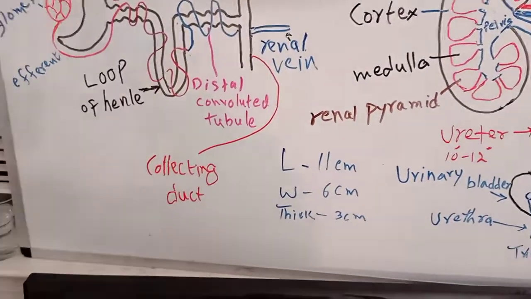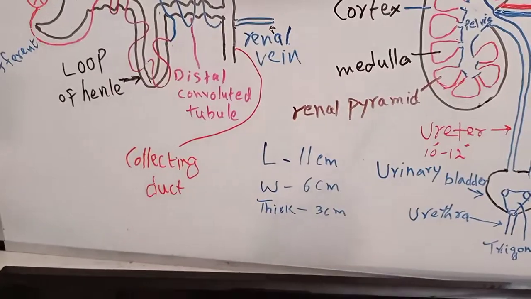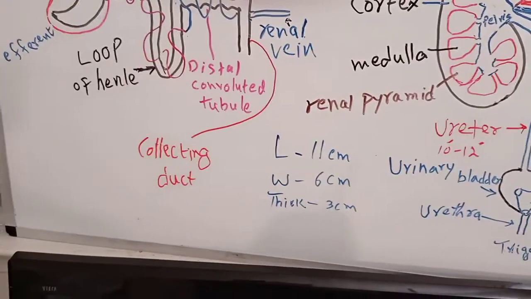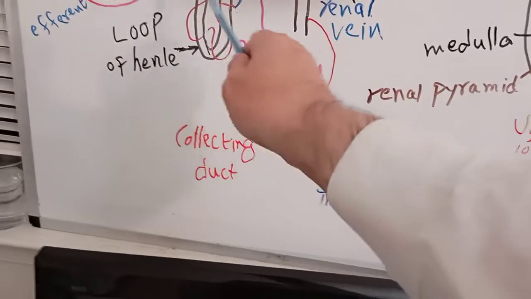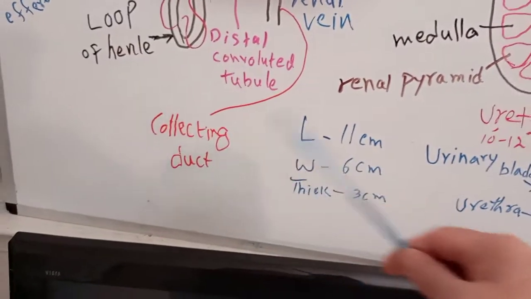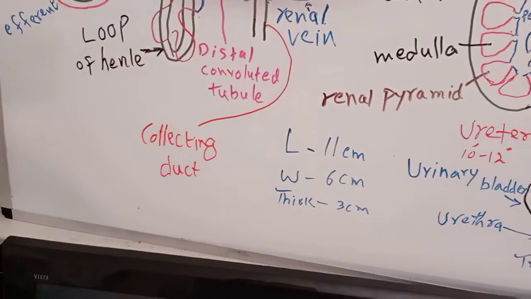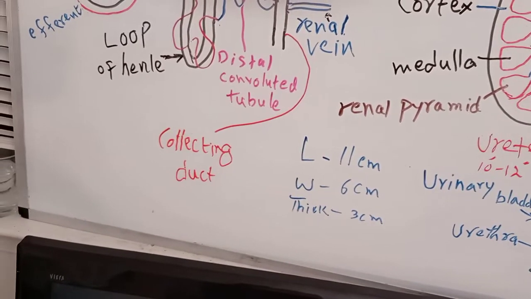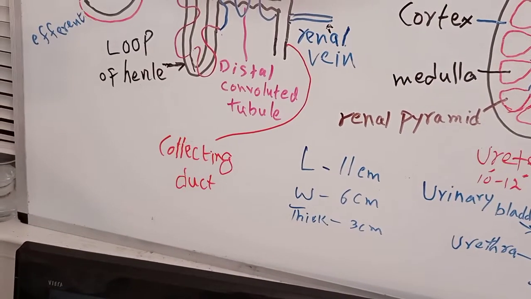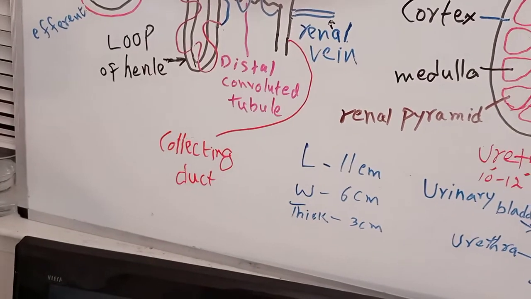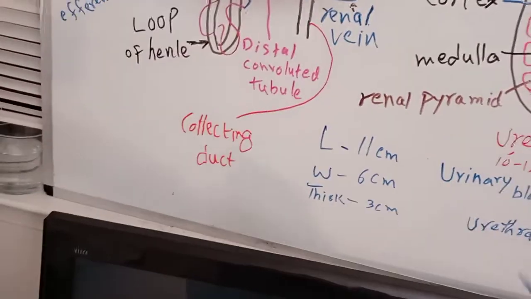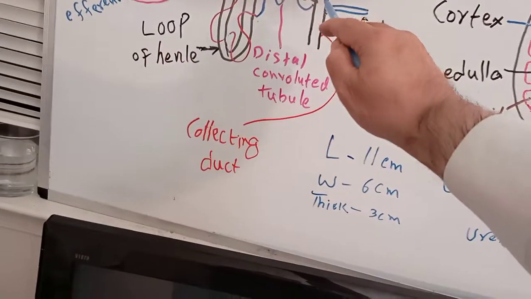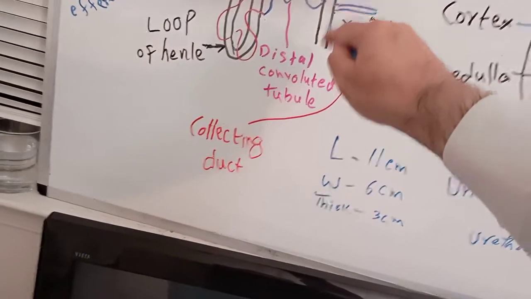And some waste products are still there in the blood which need to be secreted. So they are secreted now during the travel of the filtrate in this tubule system. They are ammonia, uric acid, and other products of the medicine that we take, and they are secreted into the collecting ducts.